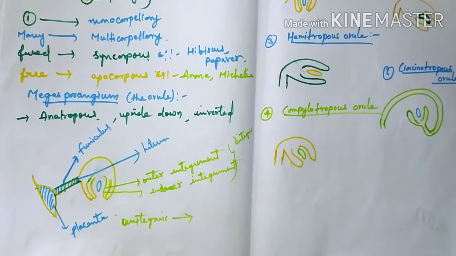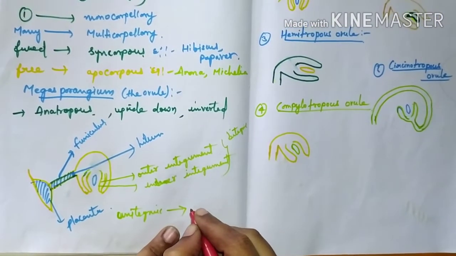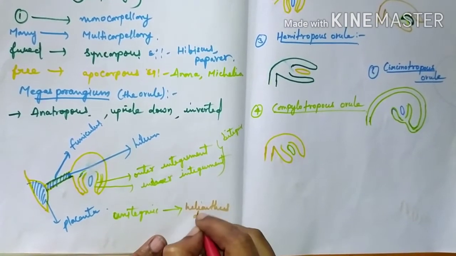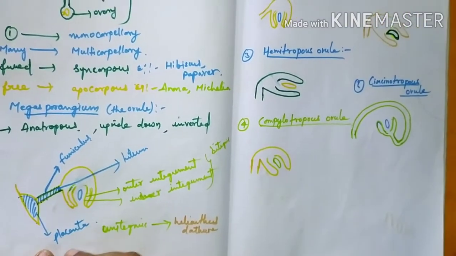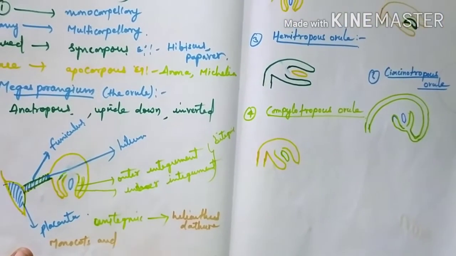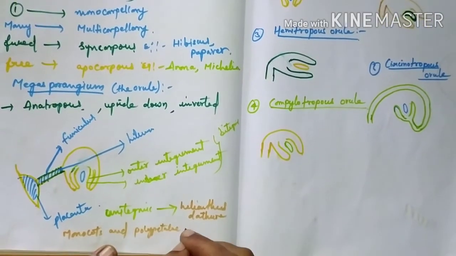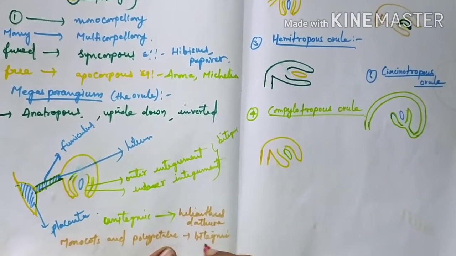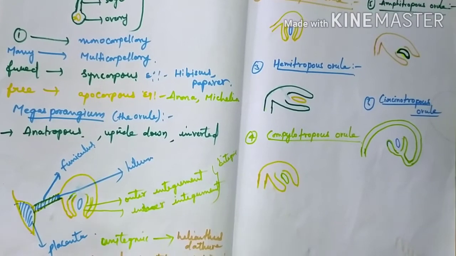The unitegmic ovule is present in Helianthus and Datura, and in monocots and polypetalae members, the bitegmic ovule is present, meaning the ovule consists of two integuments.